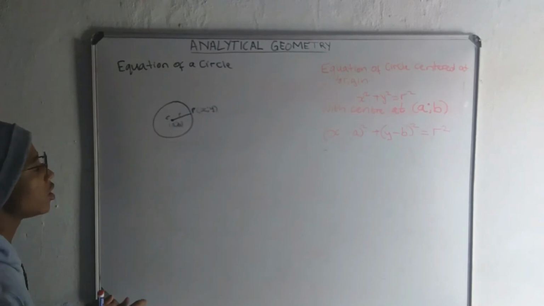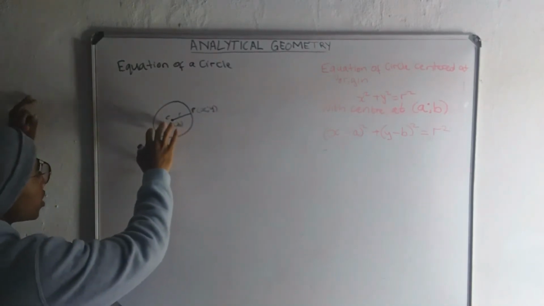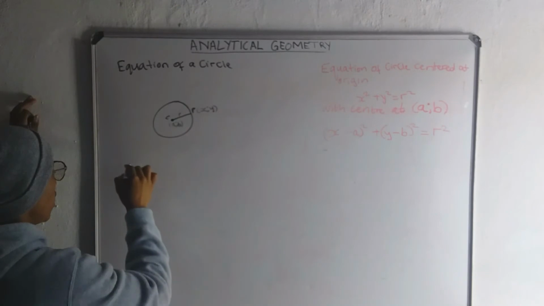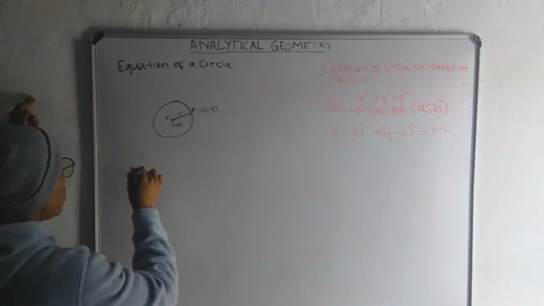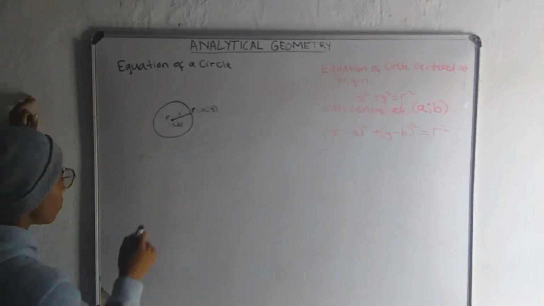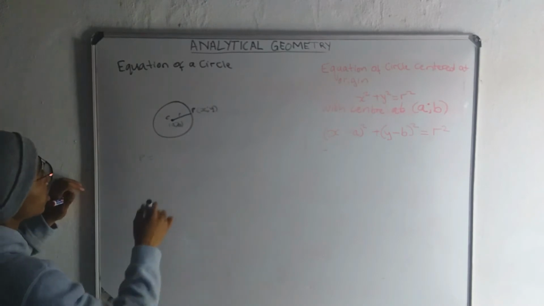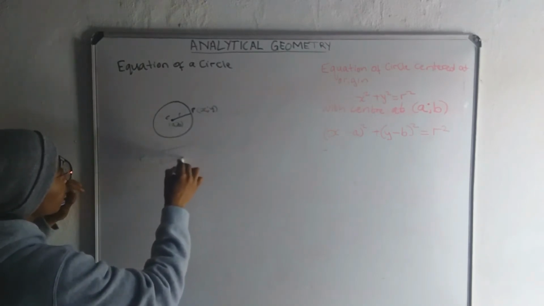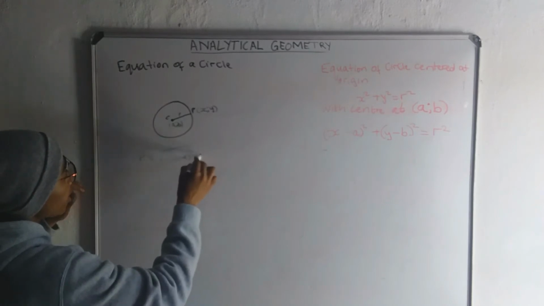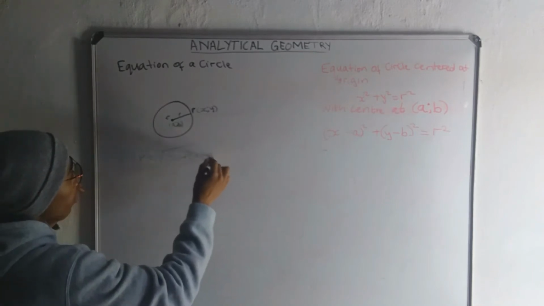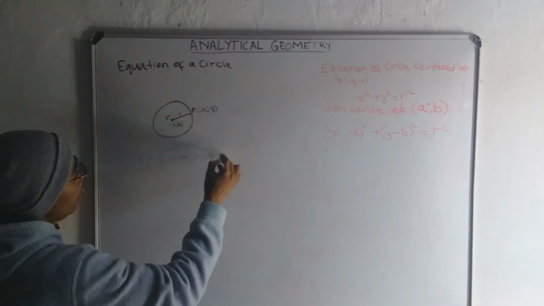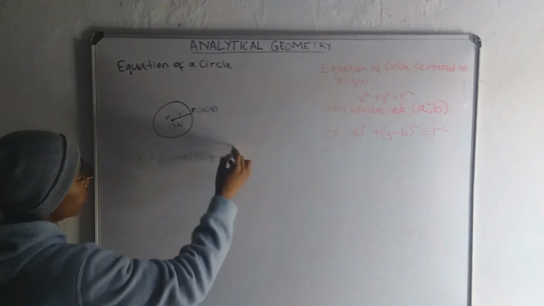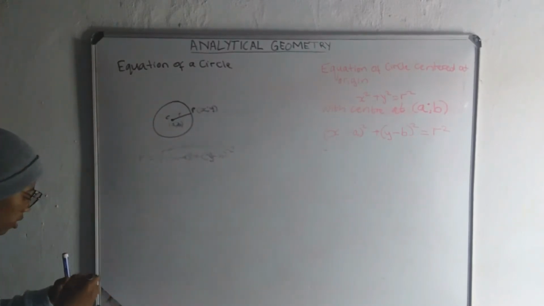You have to calculate the distance between point C and point P, and that gives us CP as root of (x minus a) squared plus (y minus b) squared. Sorry about that if the marker is not visible.